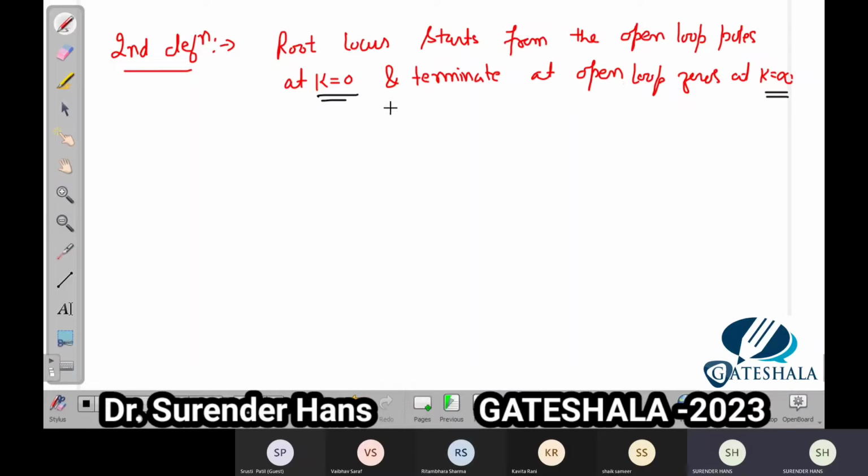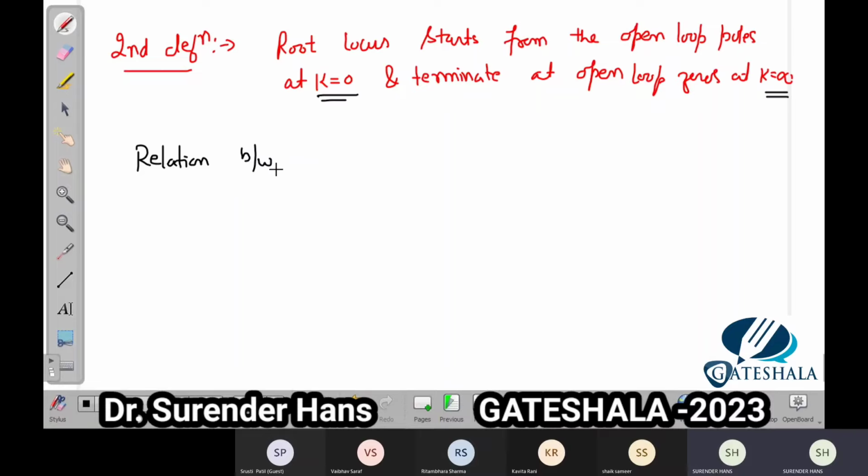Okay, so we have the relation between the purpose of giving the second definition that will be clear very soon. Don't worry.